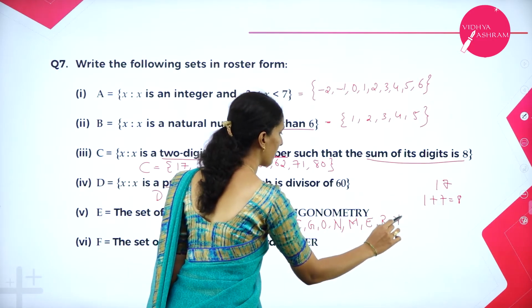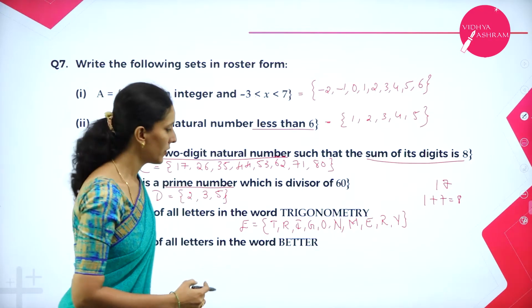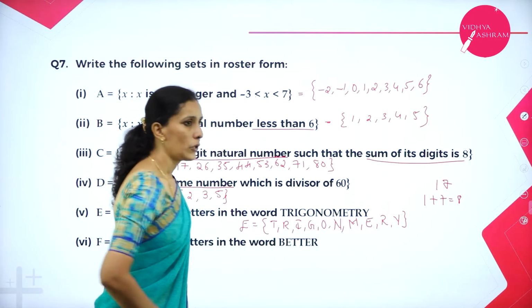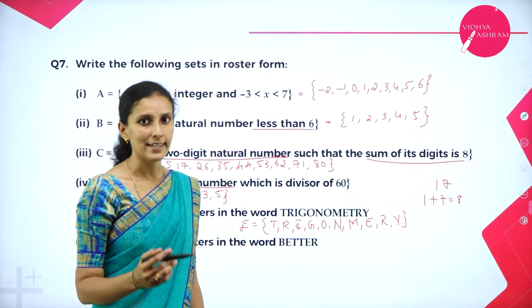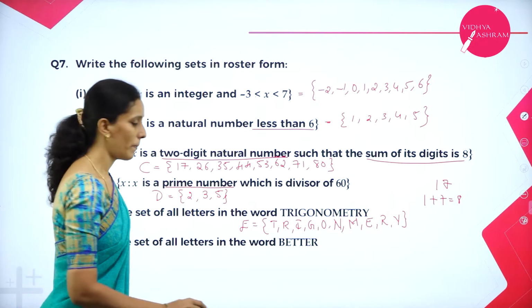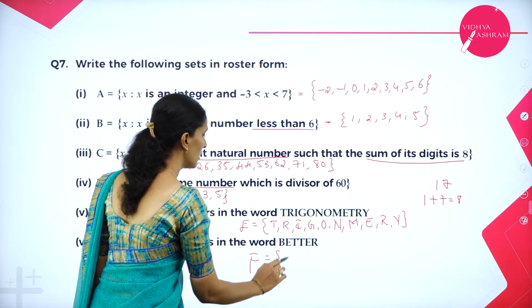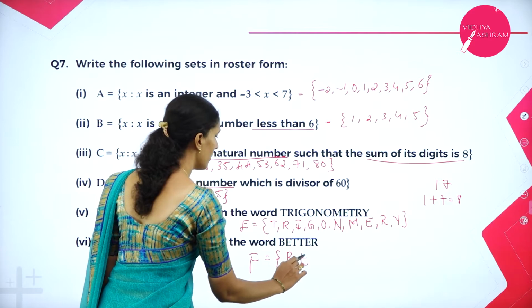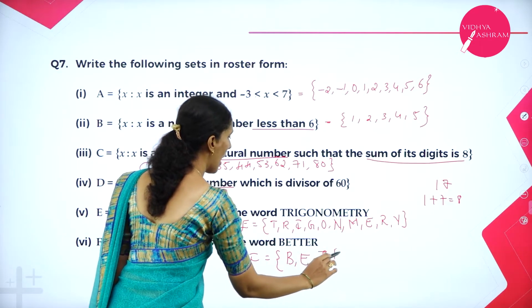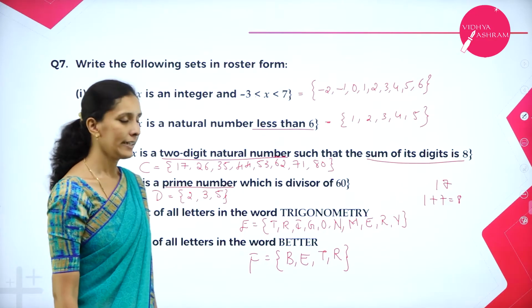R, Y. So when you are asked to write letters, write them using commas. Do not repeat any letters inside the set. Next, the set of all letters in the word better. So that is set F is equal to B, E, T, R. No need to write E and T again.